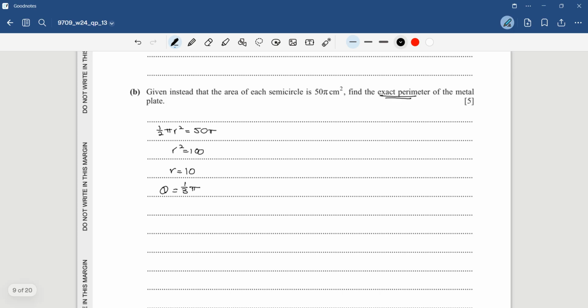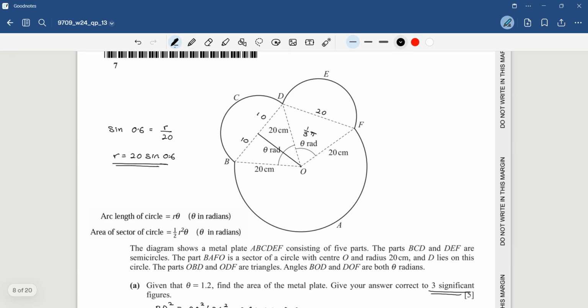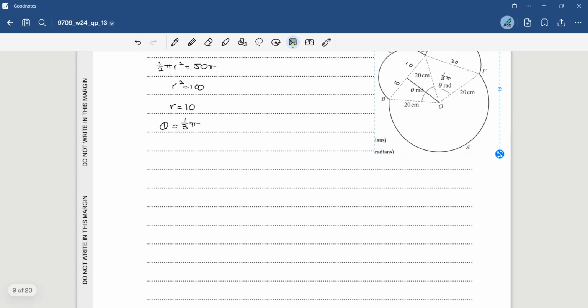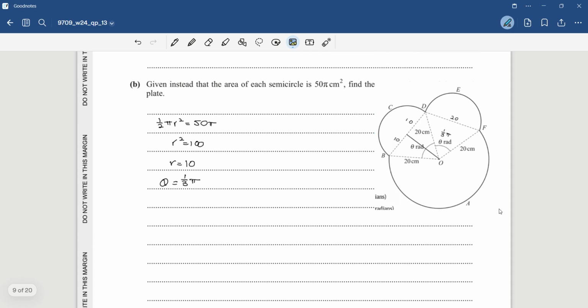So for me to find the perimeter, maybe I just copy this and write here for my reference. In order to find my perimeter, it's going to be 2 times BCD, which is this one and this one, plus BAF.